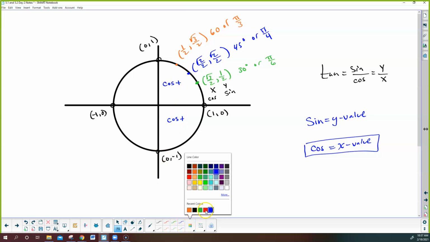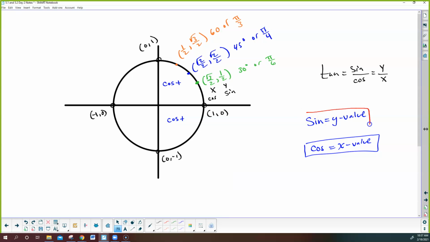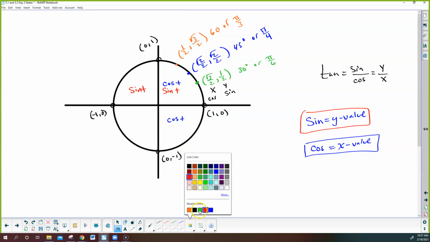The sine value is going to be positive when the y is positive. So sine is positive here, and anytime it's above, sine is positive here. Okay? And then when is tangent positive?